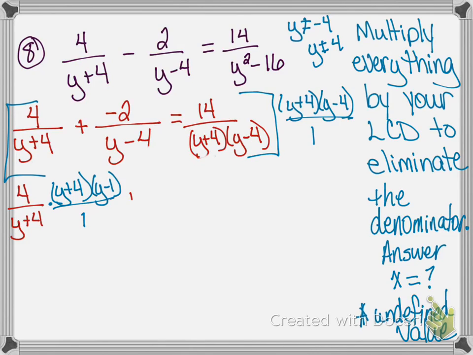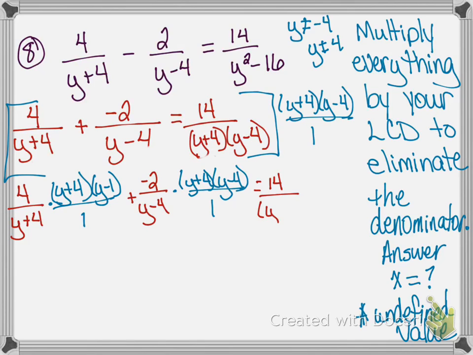Then I have plus negative 2 over y minus 4 times y plus 4, y minus 4 over 1, and that equals 14 over y plus 4, y minus 4, and then I am multiplying that times y plus 4, y minus 4.